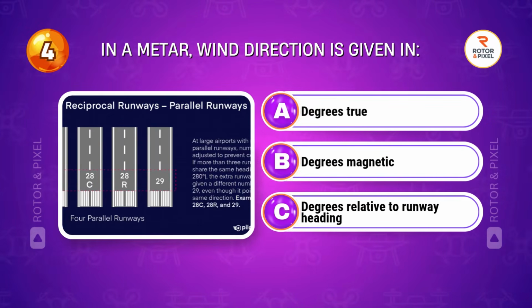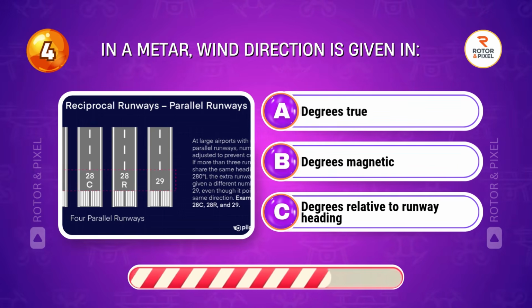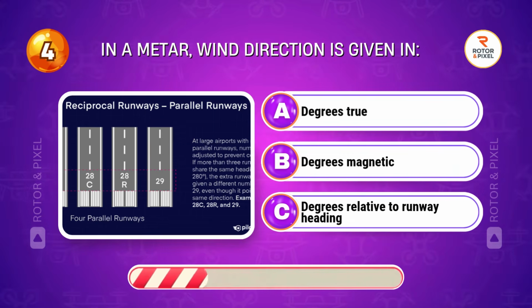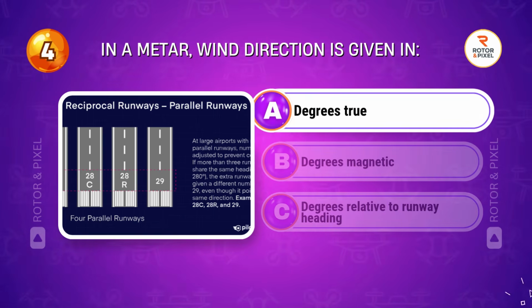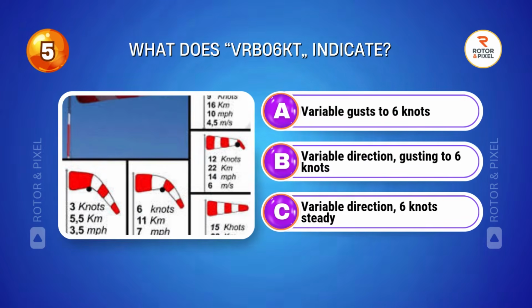In a METAR, wind direction is given in? Answer A, degrees true. What does VRB06KT indicate?